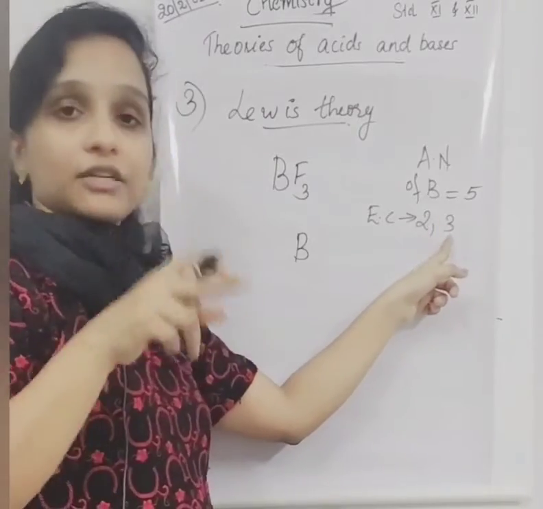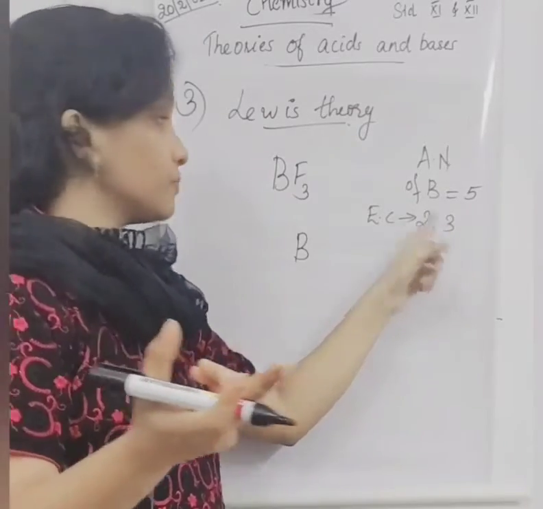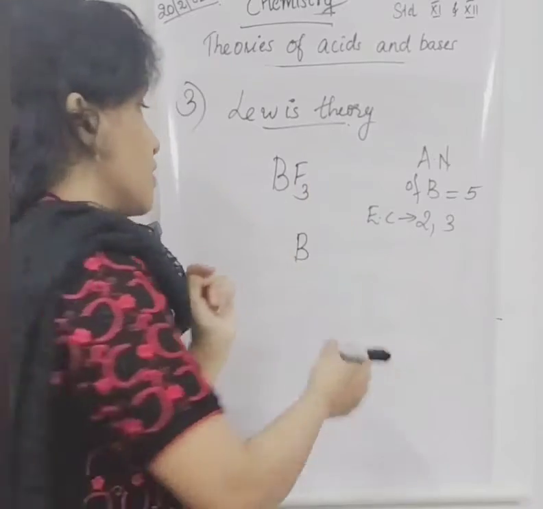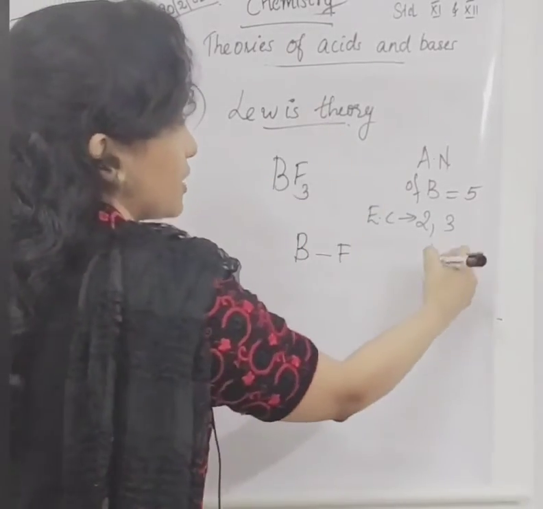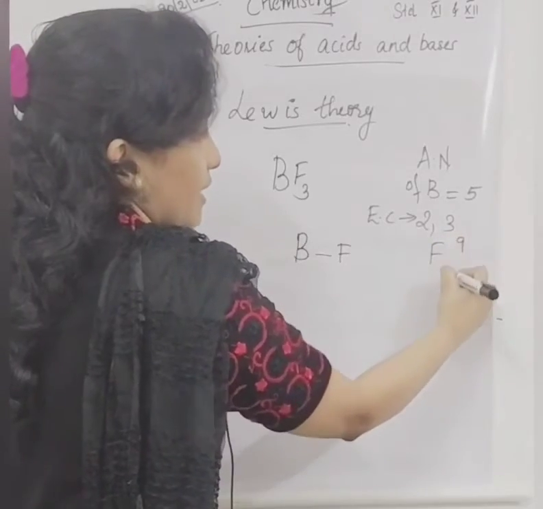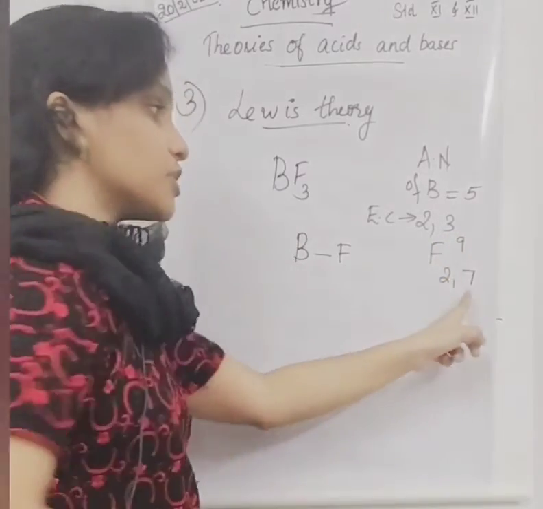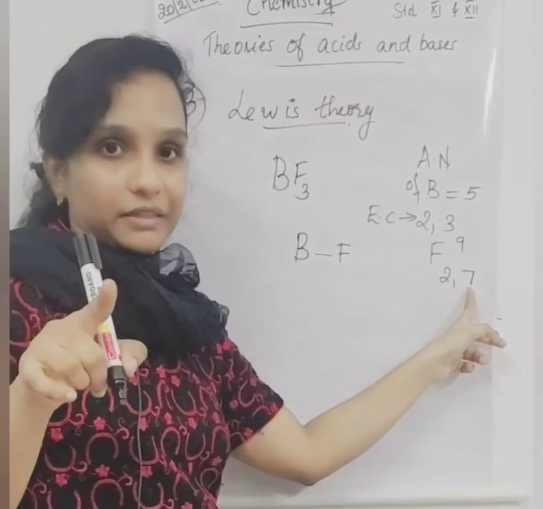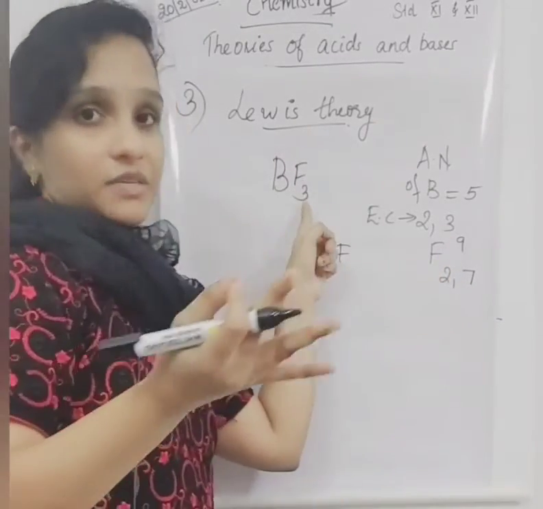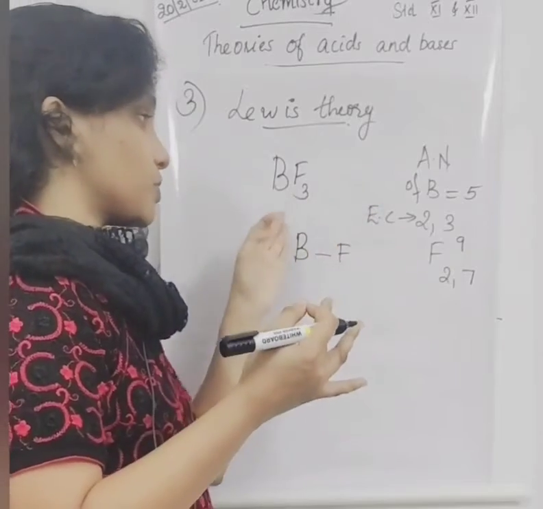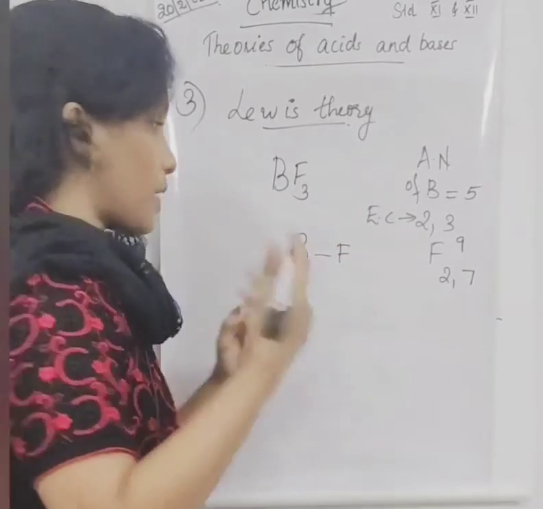Now, these 3 electrons will be satisfied by whom? Fluorine atoms, right? Fluorine has atomic number 9, that is 2, 7. It needs one more electron to complete the octet. So 3 fluorine atoms will come and join here and make covalent bonds, right?